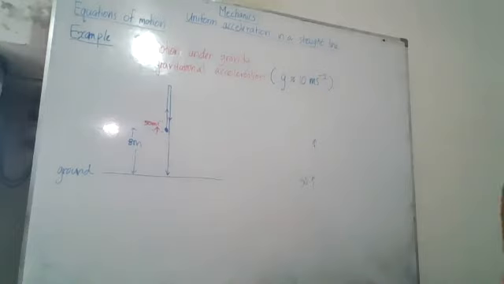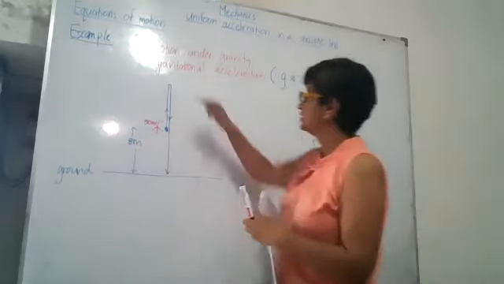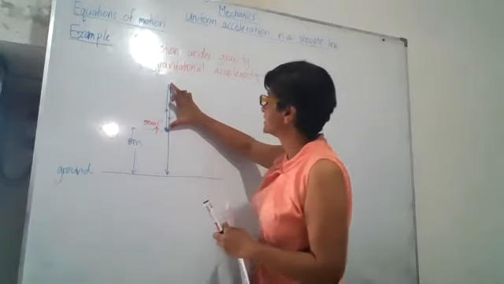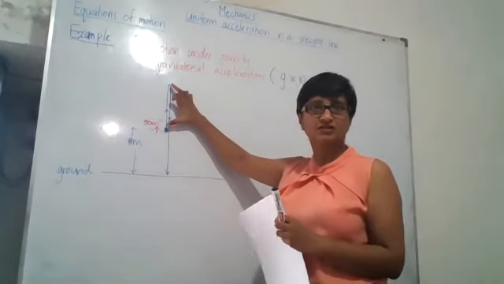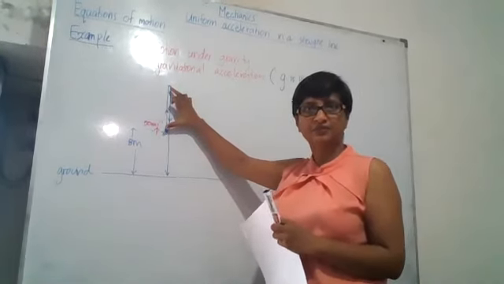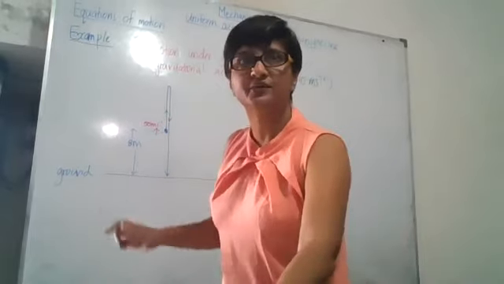Okay? So now, let's try each part individually. The first part is the distance traveled to the maximum. I want to find this distance, or this displacement s. That means I have to apply equations of motion.